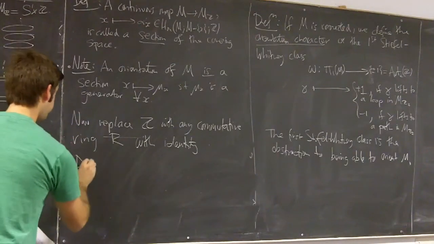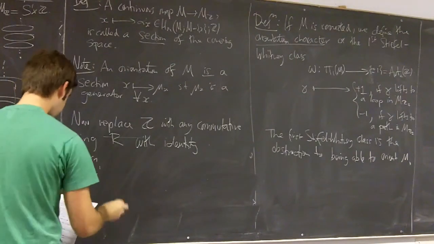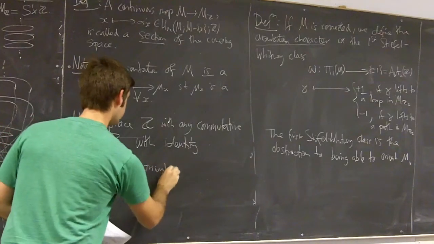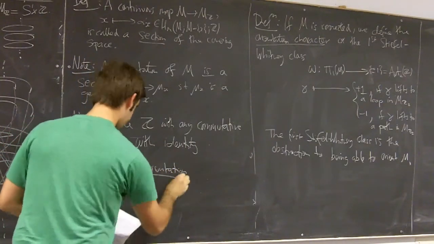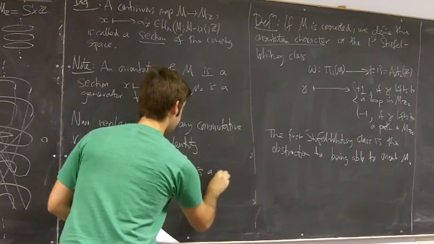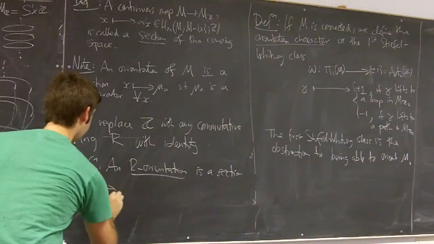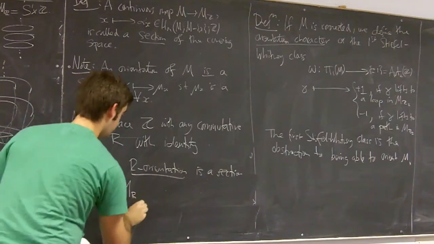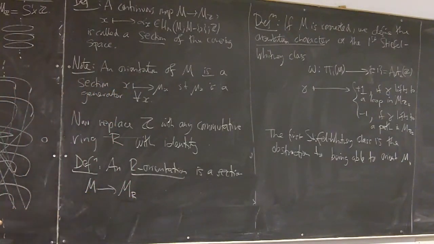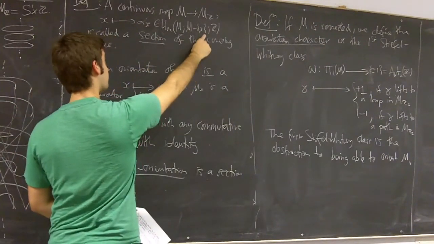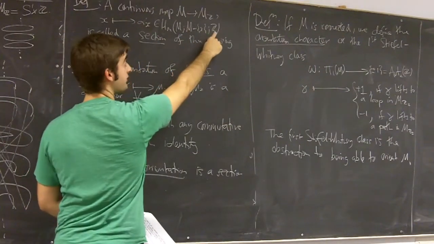So we say that an R orientation is a section from M to M sub R. Now this should be clear what I mean by M sub R. Over each point we have this local homology group with coefficients in R.